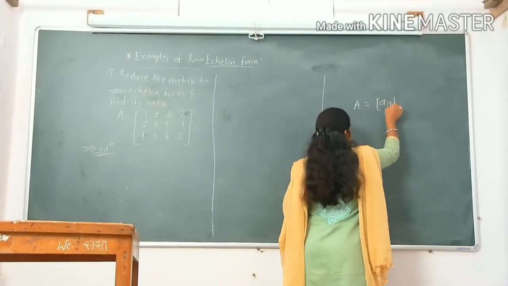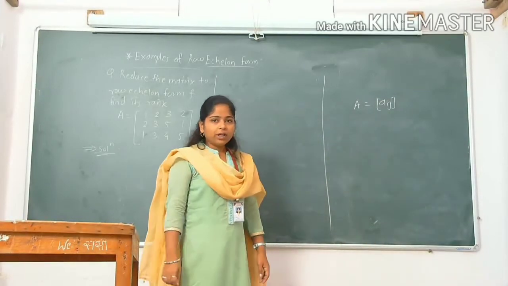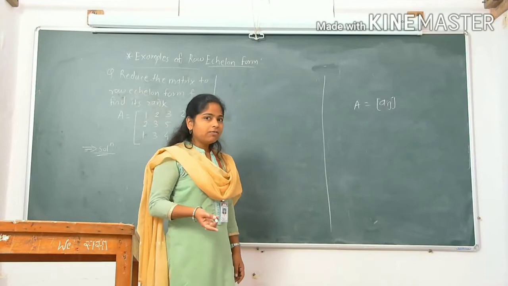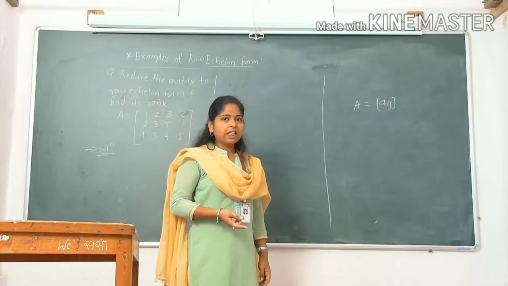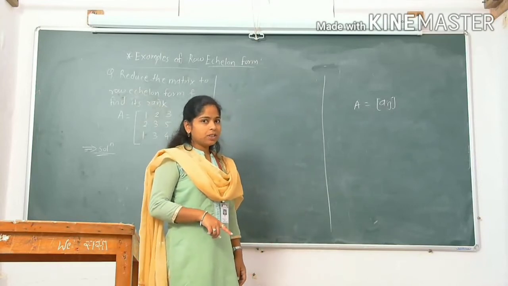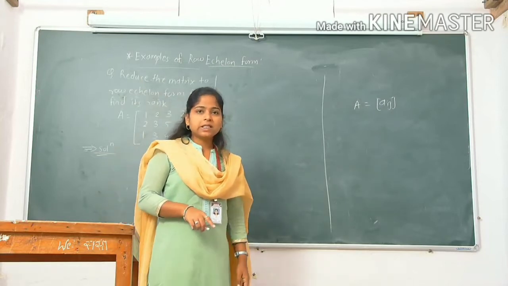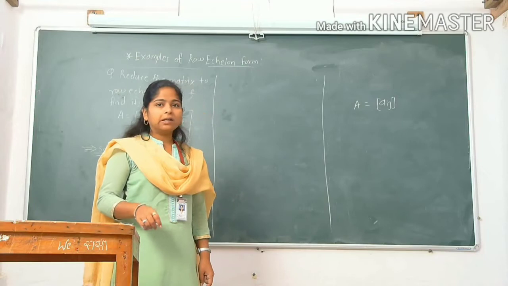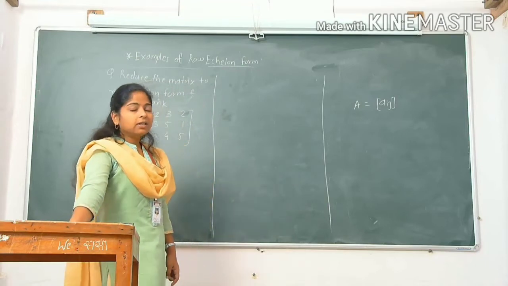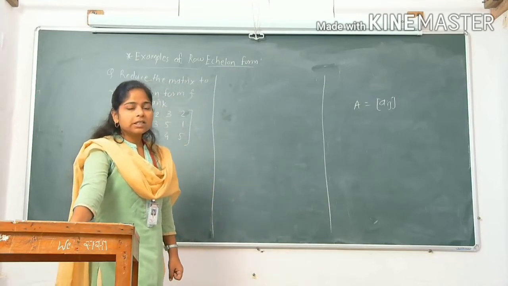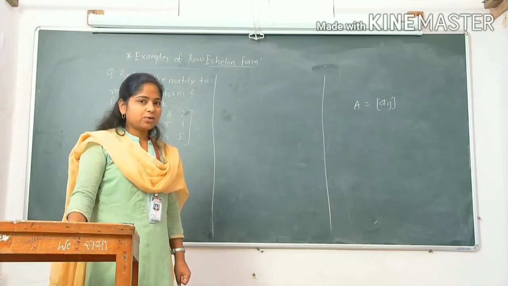A matrix A equal to [Aij] is said to be in row echelon form if all the first non-zero rows, if any, precede the zero rows. The number of zeros preceding the first non-zero element in a row is less than the number of such zeros in succeeding or next rows.